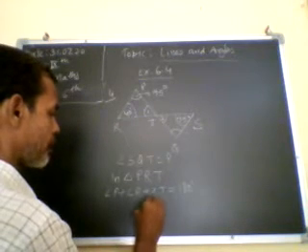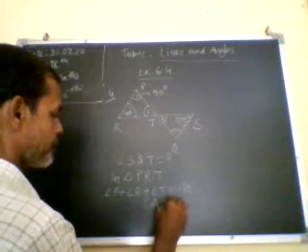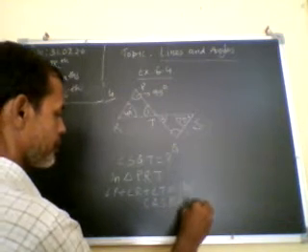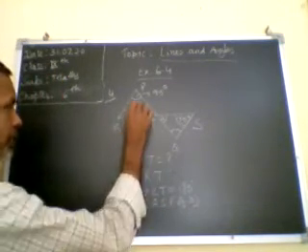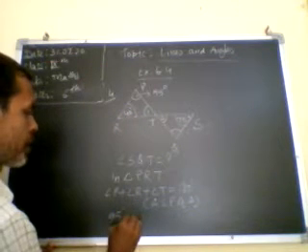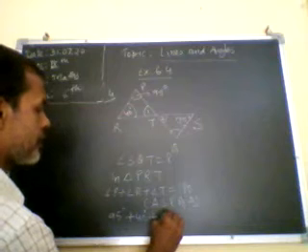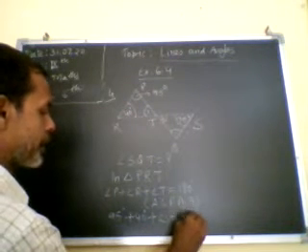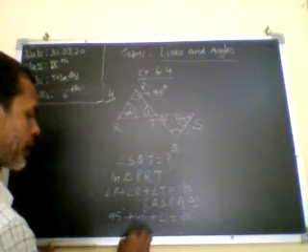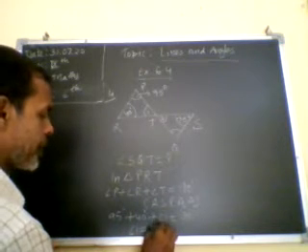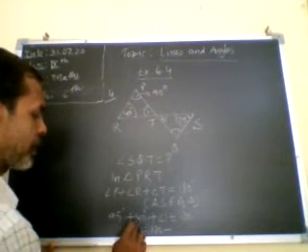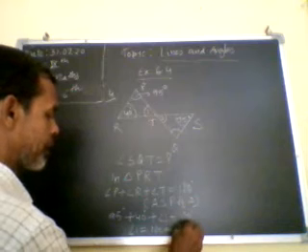Use the angle sum property of a triangle. P is given 95 degree, R is 40 degree, plus angle T, which means angle 1, is 180 degree. So angle 1 is 180 minus, 95 plus 40 is 135 degree.